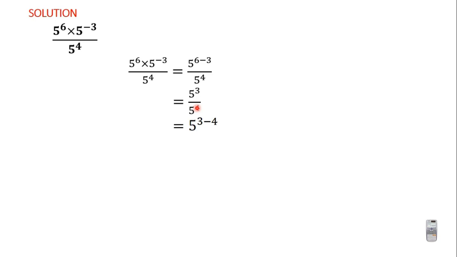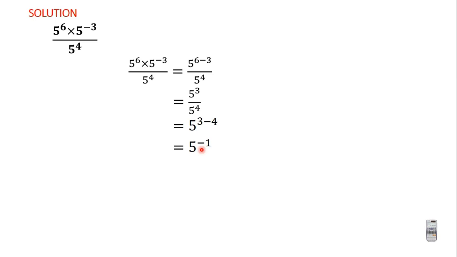The power of the denominator is 4. The power of the numerator is 3. So you have 5 exponent 3 minus 4. This is going to give us 5 exponent minus 1.